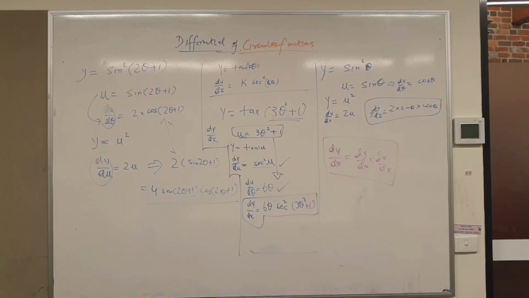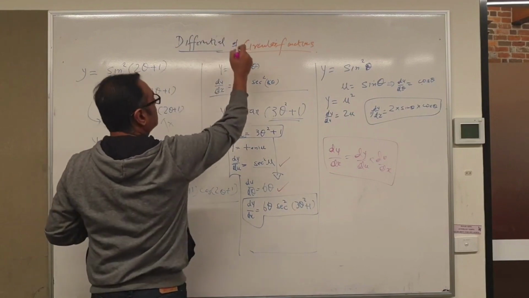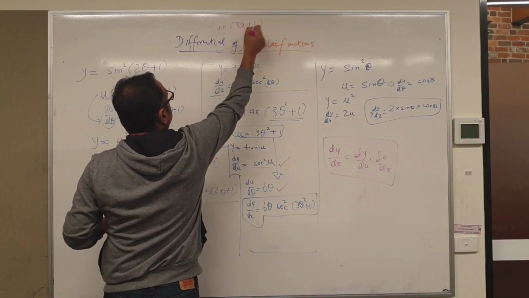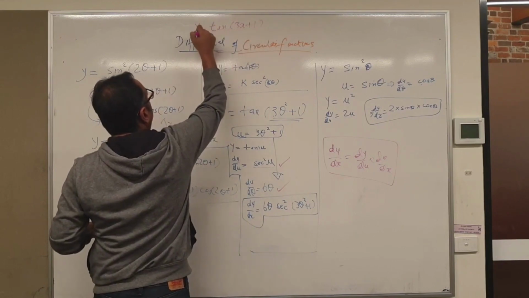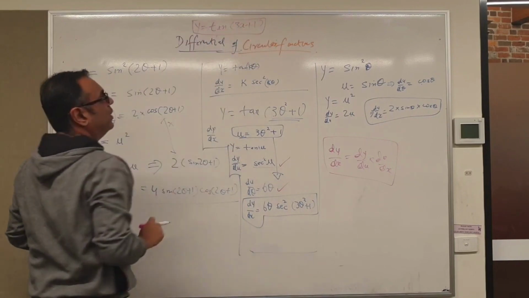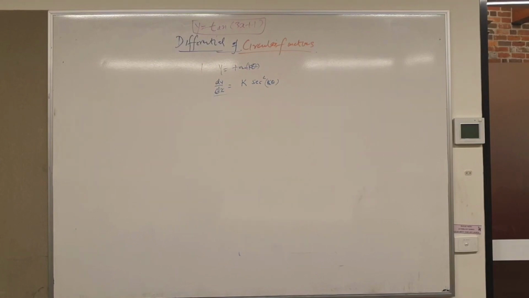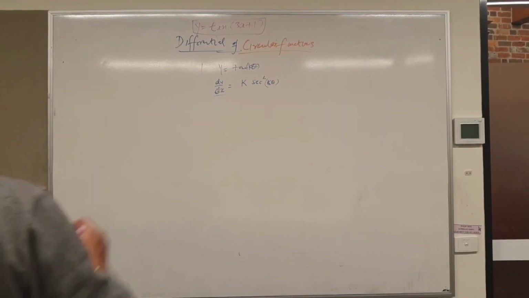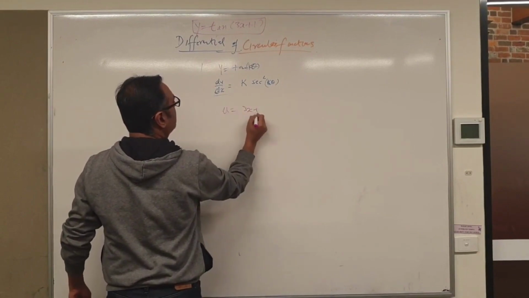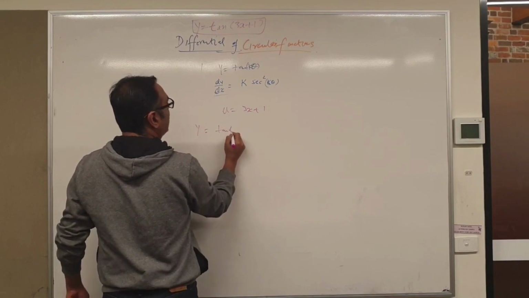Tan within brackets, writing it right on top. Tan 3x plus 1. So you assumed u equals 3x plus 1, and then your y becomes tan u.